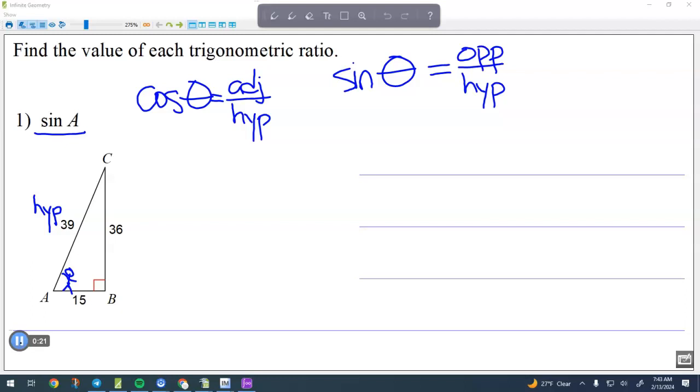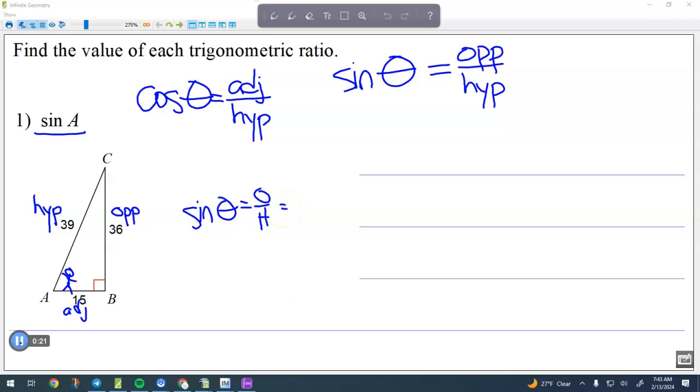36 is the side he can't grab onto, right? So which one's that? That's the opposite, so you're going to put an opposite there. And then the other side, what's that one called? Adjacent. And then you're going to write sine of theta. You can just put O over H if you want, but I want you to write that theta.